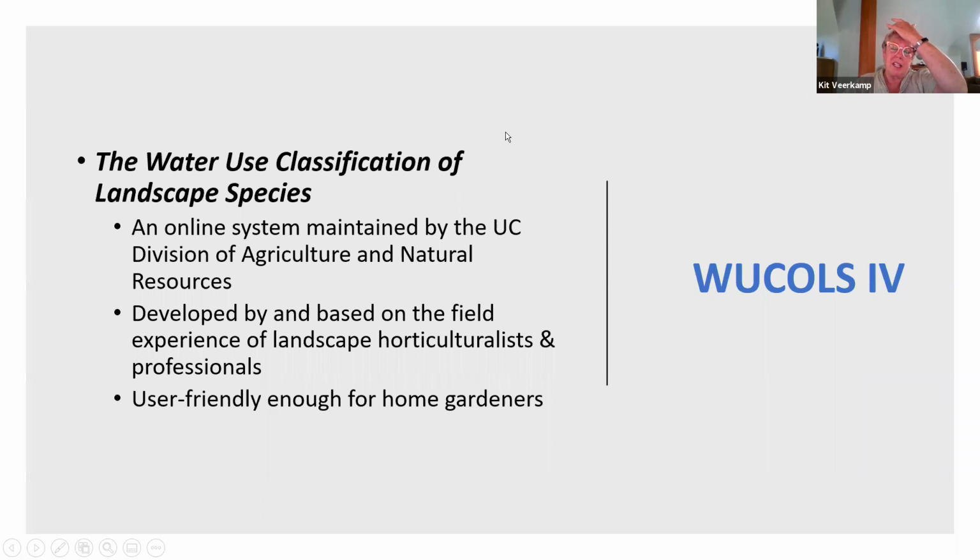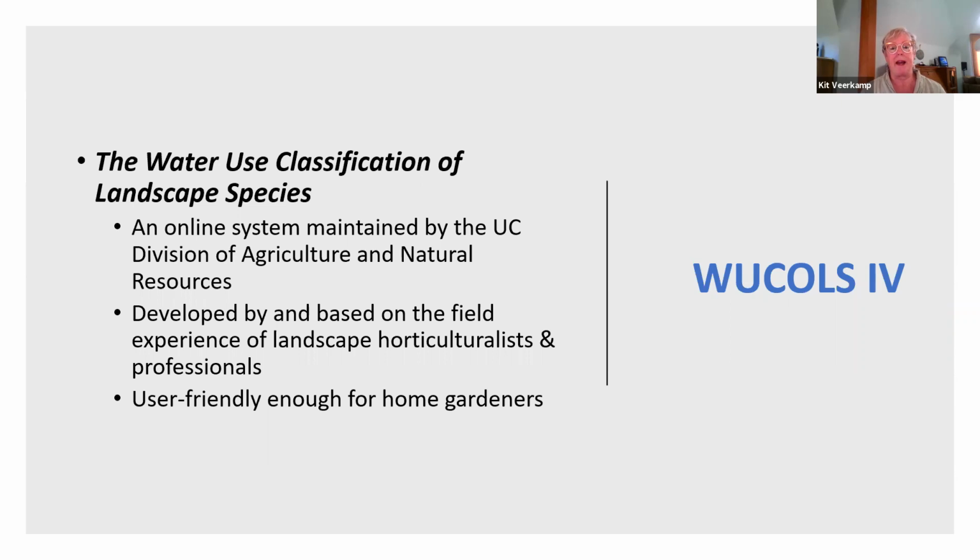We also covered, and I'm just going to briefly mention, because WUCOLS is going to play into these ratings for high, low, and very low water usage. It comes from a classification in California called WUCOLS, the Water Use Classification of Landscape Species. This system is used by planning departments statewide now to review landscape plans for new developments and new homes that have to meet the requirements.